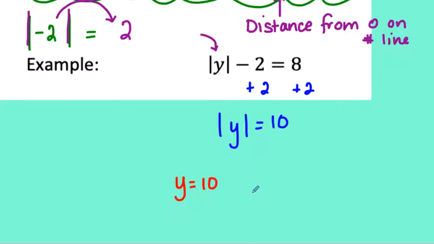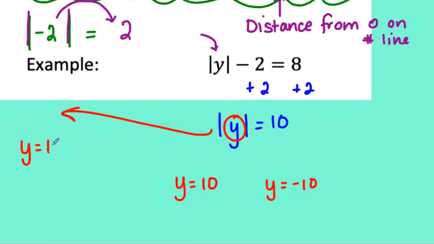But I also want you to consider that y could also be -10. So when you're taking the absolute value, the recipe for solving is to take whatever's inside the absolute value and set it equal to both the +10 and the -10. But in this case, it was kind of nice to see it written like that.